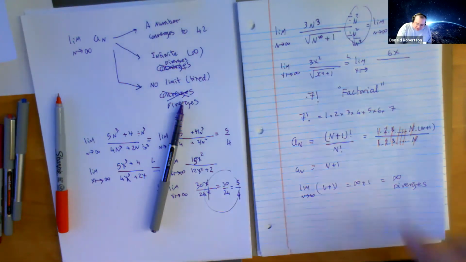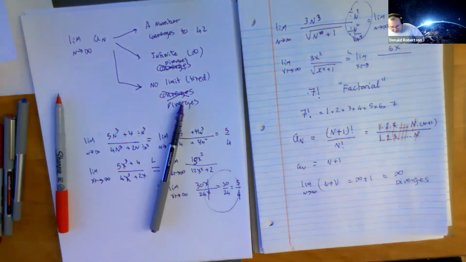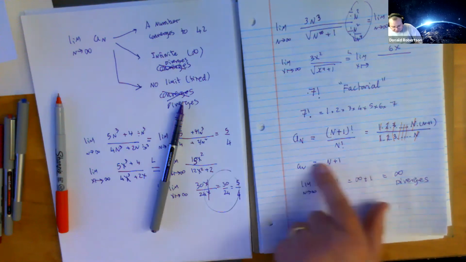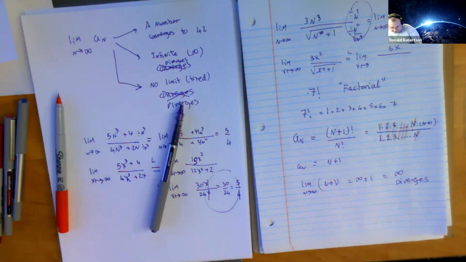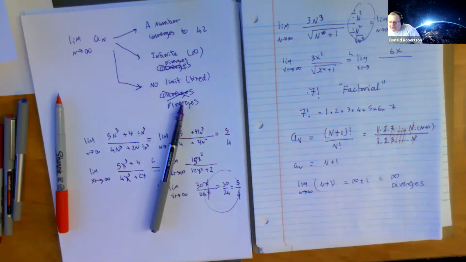So if the top and bottom have factorials, you might want to work on simplifying it. And then once it's simplified, you can figure out, in this particular case, it diverges. So if your gut feeling said it converges, you're going to have a look, as I would have if I'd guessed that. And you'd say, oh, I wasn't expecting that.